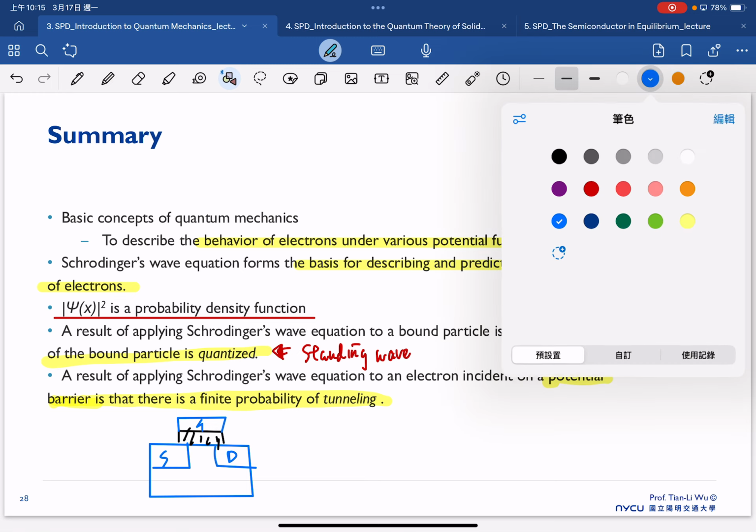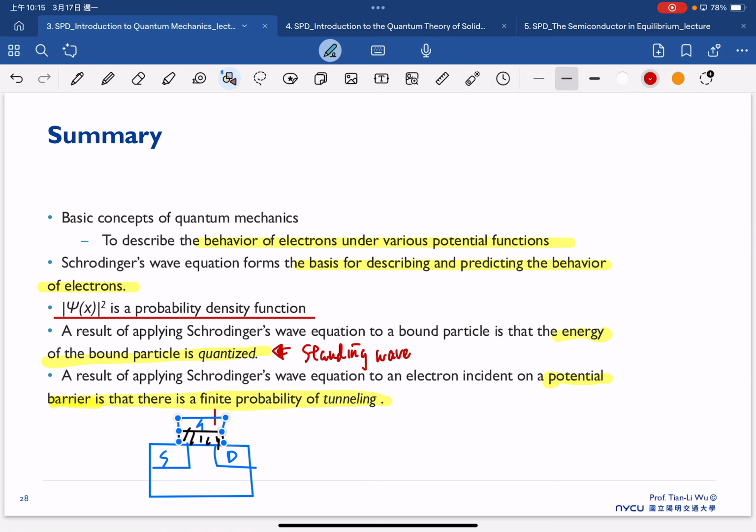As I say, we apply the gate bias here. And now we all know that once the gate bias is large enough, we start to form electrons in the channel. And we can foresee this electron can tunnel to the top, which will become the leakage current.